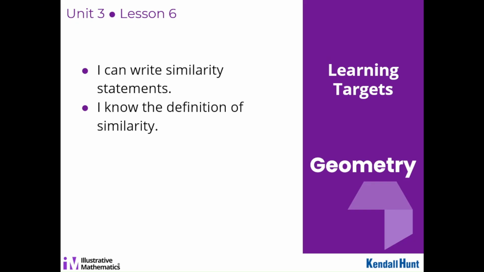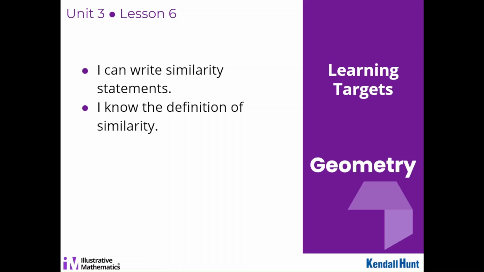So we had 2 learning targets here in Lesson 6. Number 1 says I can write similarity statements. So we walked through some of the steps, like we talked about translating along directed line segments. We talked about rotating a figure so that you could line up the correct sides with each other.